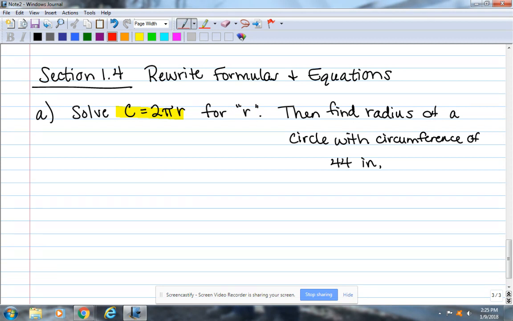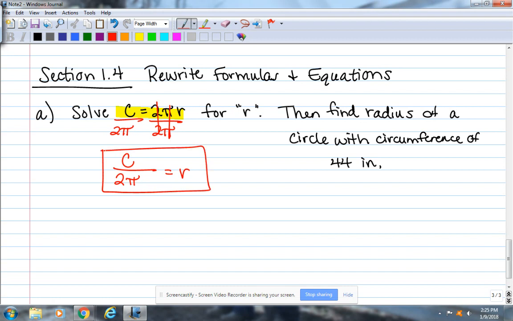So if I want to get rid of the pi and the 2, all I have to do is divide both sides by 2 pi. Right? And those cancel. And so I have C divided by 2 pi equals R. I did the first thing it asked me to do. And put a box around it because I answered one of the questions.